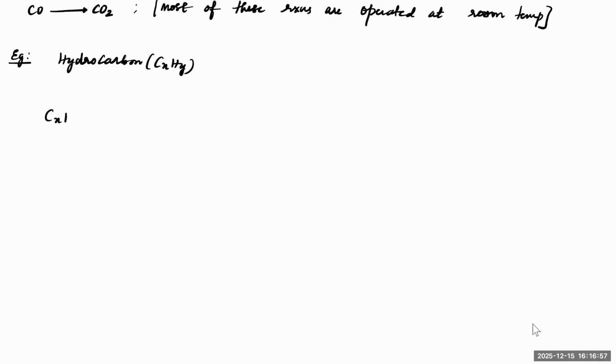If you have CxHy as a gas, that when you react with O2 gas, the carbon part is expected to convert into CO2, plus the hydrogen part is converted into H2O. Because it is at room temperature, most of the time you have to write water in liquid state, unless it is clearly specified in the question that you are operating at a temperature above 100 degrees Celsius.